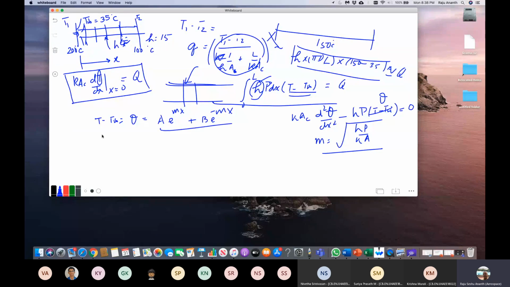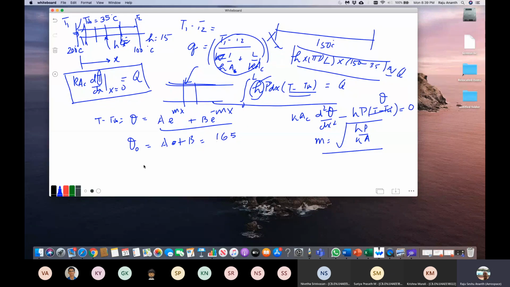Okay, let's apply the boundary conditions. At x equal to 0, theta is theta naught, so A plus B is 165.